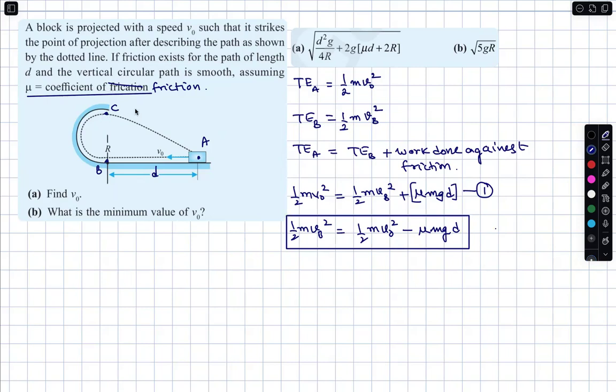By the time you reach C, from B to C there is no energy loss. Total energy is constant. So you have reached C, then half m v C square plus mg times 2r is half m v B square.